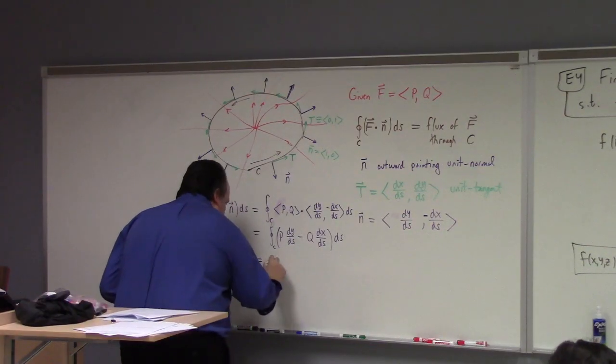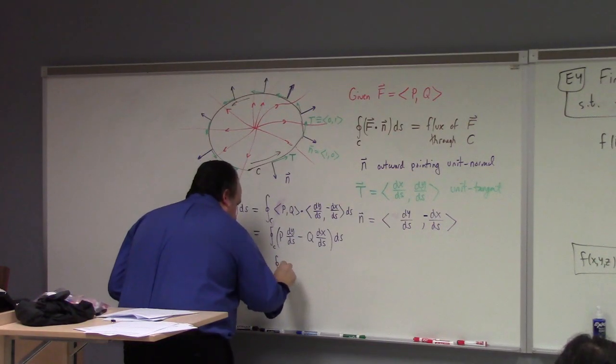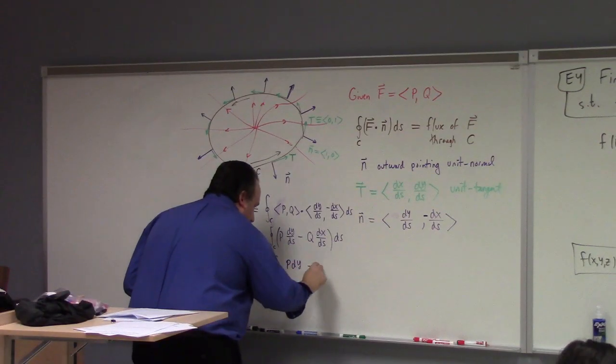In a nutshell, we have the integral over the curve of P dy minus Q dx.